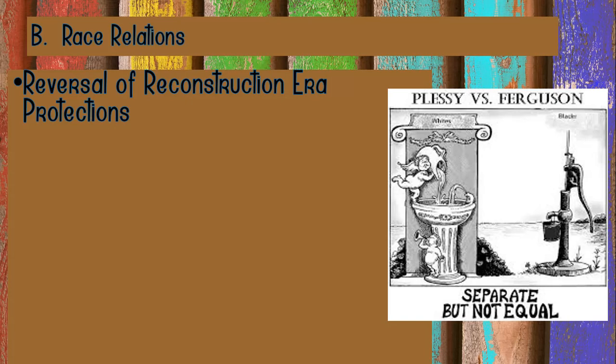Some states start abolishing certain state laws that were designed to prevent racial discrimination, and there were several court cases, some of them at the state level, some not, that invalidated all of those Reconstruction era laws that tried to prevent racial discrimination on the ground. It sounds so crazy, but this was their legal reasoning, which sounds very, very disturbing: arguing that Congress can't force people to not racially discriminate because people are individuals, and kind of saying it's almost like free speech, and that if businesses choose not to hire African American people, or choose not to cater to African American people, that's their right to do that.